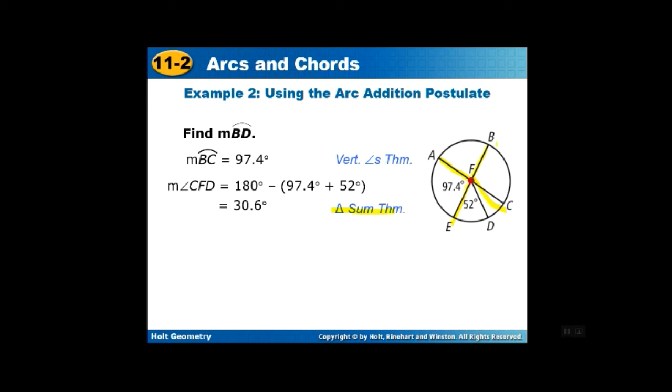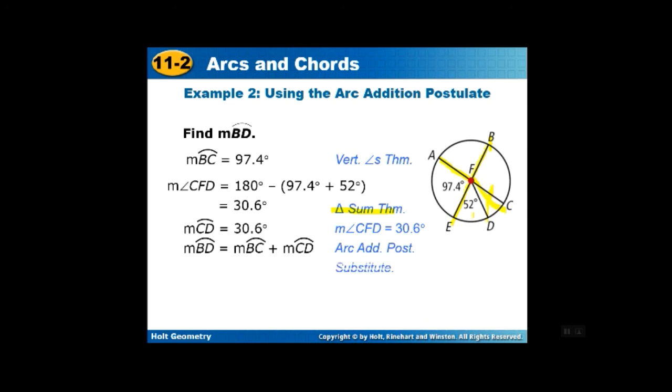So the measure of arc BC is now known, 97.4, and the measure of arc CD is known, 30.6 degrees. The arc addition postulate says that we can add the two arcs to get the full arc, 97.4 plus 30.6. So we get 128 degrees for the full arc.